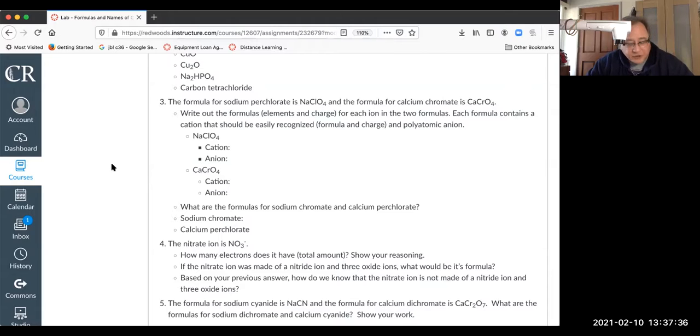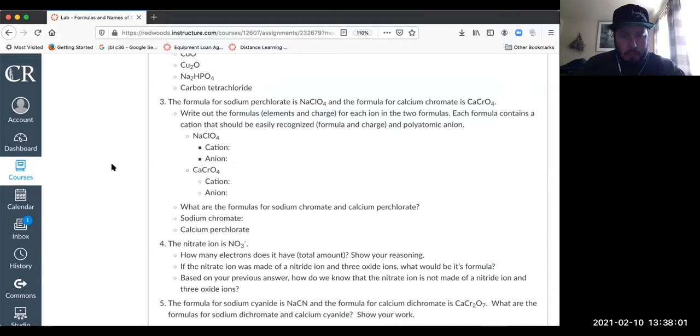So for each of these, you're supposed to get the cation and the anion. And then finally, you're supposed to get the formula for sodium chromate and calcium perchlorate. So if you look at the last questions, you see how I'm asking you to give me the formula where you switch the ions?